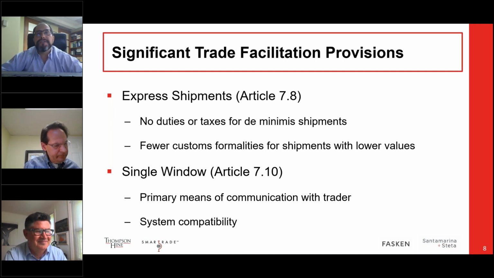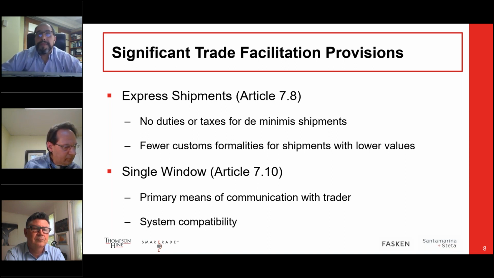Of course, the three countries already had national single window systems, and to an extent even Canada and the US shared common ground there with the single window initiative, through those two options in Canada, the ACE in the US, and here in Mexico through the VUCEM.